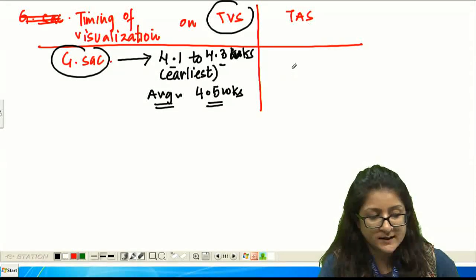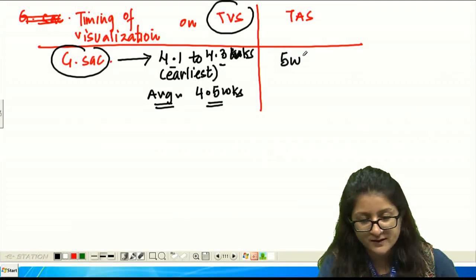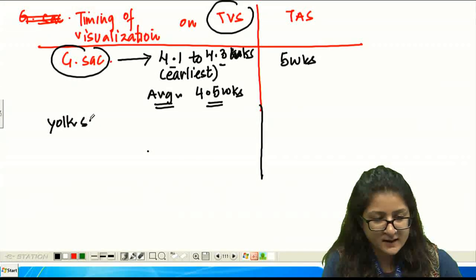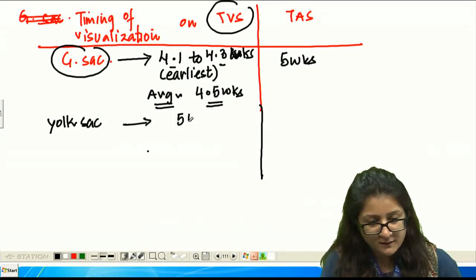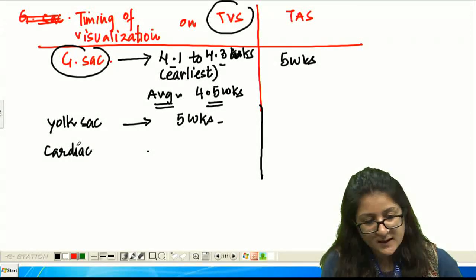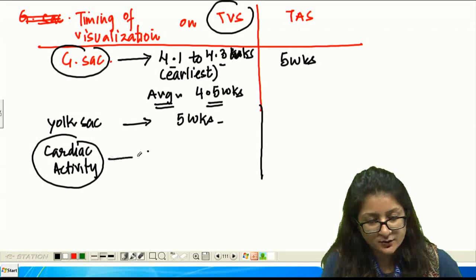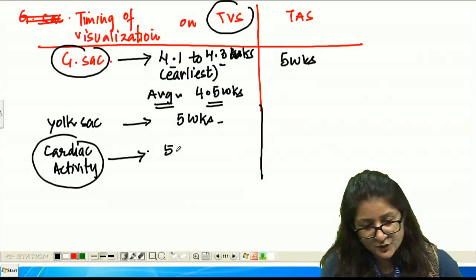By transabdominal, they can be seen by about 5 weeks, a week later. Yolk sac can be seen earliest by 5 weeks. And cardiac activity can be seen earliest on transvaginal sonography by 5 to 6 weeks.